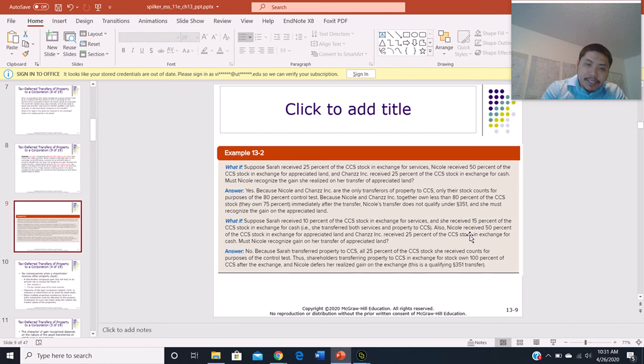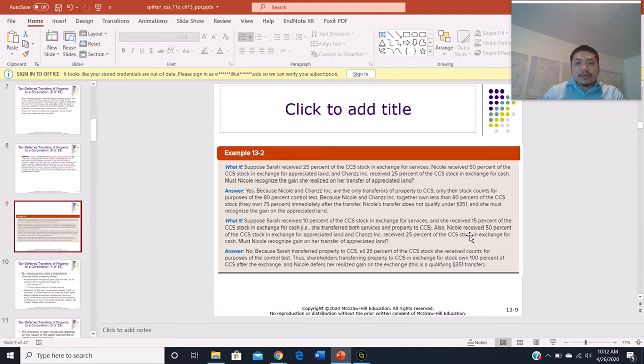So now, in this case, it's a little bit different. We know Sarah still received 25%, but only 10% of that is for services, and she received 15% in exchange for the cash that she contributed to the corporation. So now in total, the amount of shares issued in exchange for properties altogether is worth 90%.